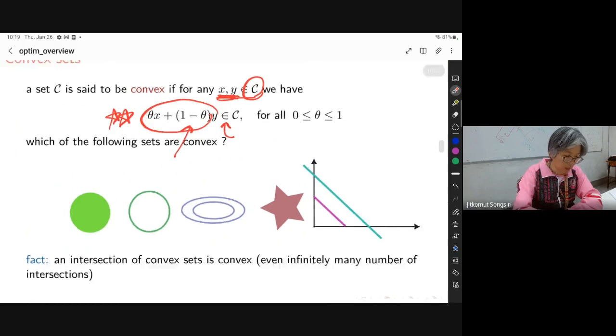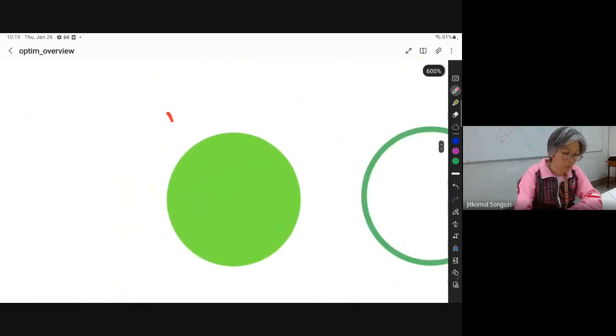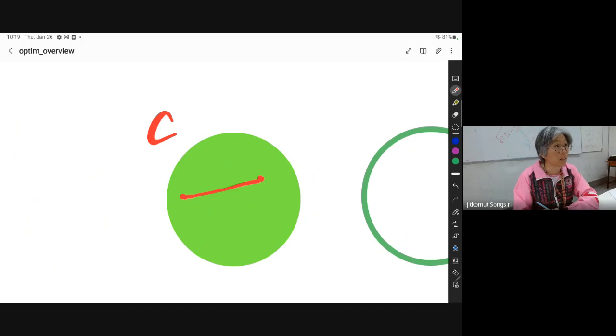A typical example would be like, oh, if this is my set, okay, if I pick any 2 points, and I consider all the points on the line connecting those 2 points, any convex combinations, right? You see that this region is still in that set, right?